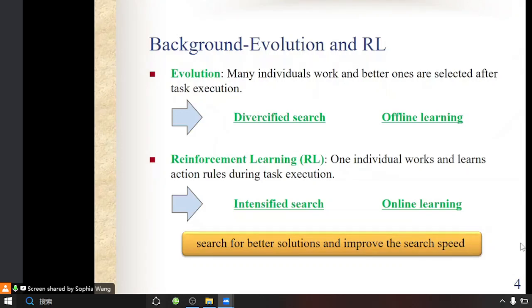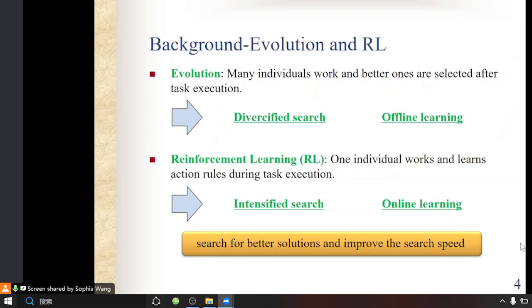Evolution: many individuals work and better ones are selected after task execution. That means for evolution, it's a diversified search. If they are doing stock trading, after 3 o'clock, like in China, all the tradings are stopped.